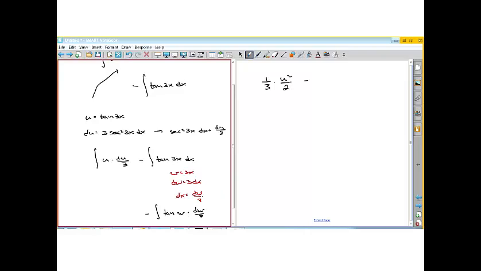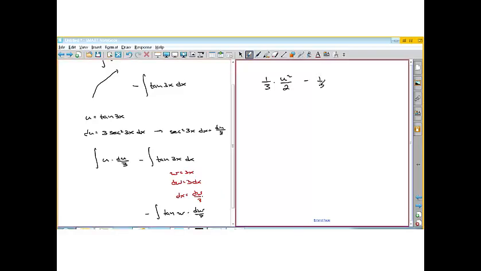Again, we get 1/3 because we have that 3 from using this u substitution. And then we have the integral of the tangent, and the integral of the tangent, according to page 383, is equal to minus the natural log of the absolute value of the cosine of w. And we add our arbitrary constant c.